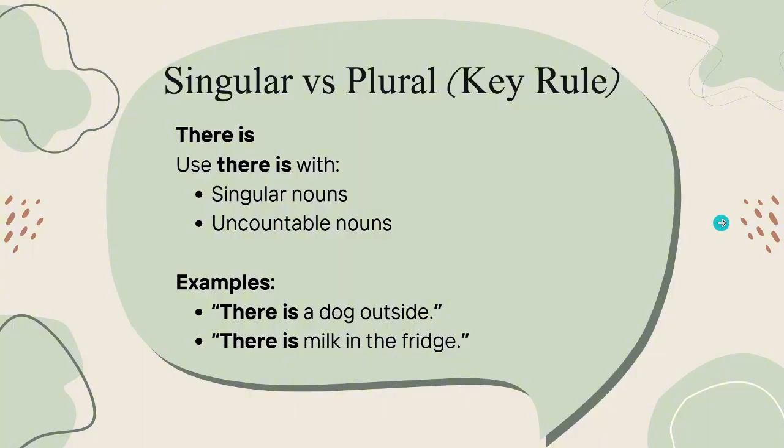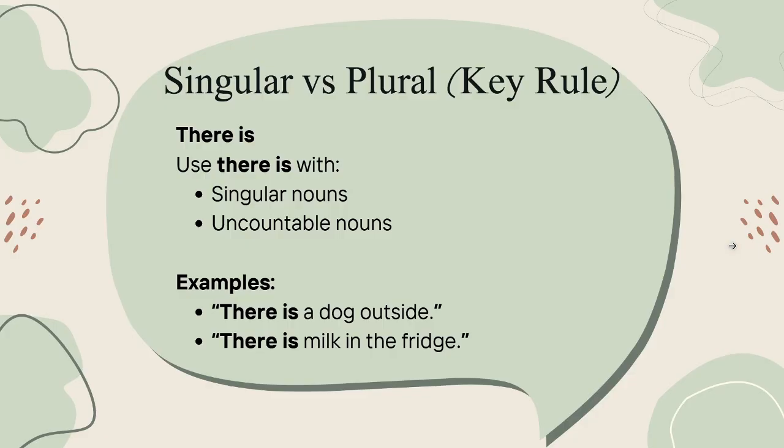In this case, there is a dog outside. We could say, there are some dogs outside. There are some apples on the table. There is milk in the fridge. So we could say, there is some milk in the fridge.